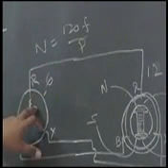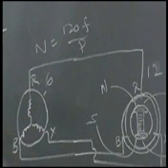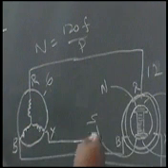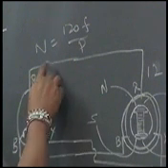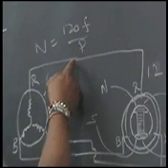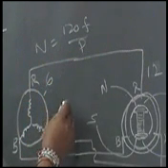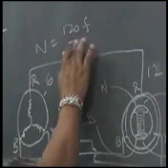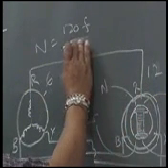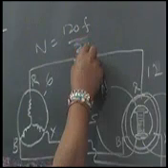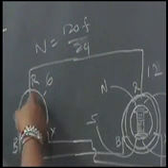So there is one fact about the induction motor. If we increase the number of poles, say from 12 to 24, then the synchronous speed will reduce.